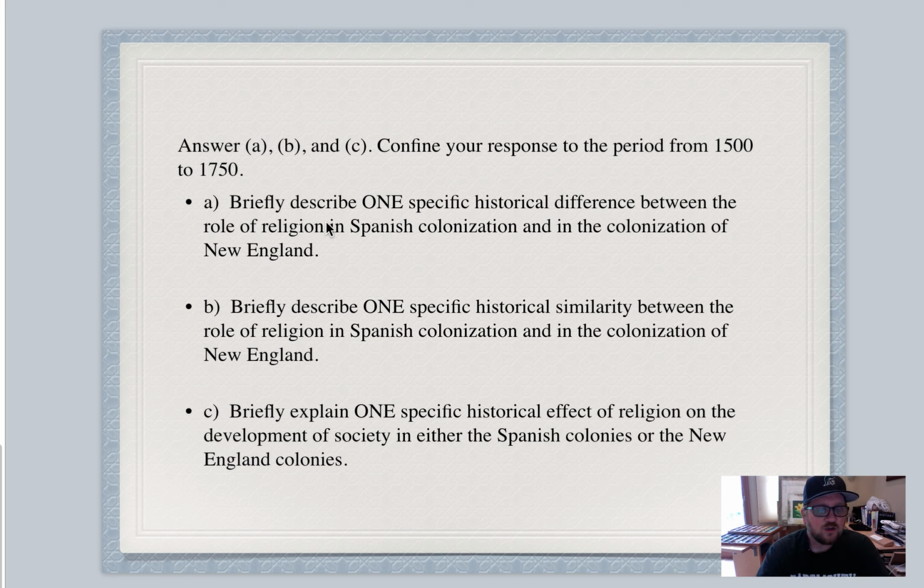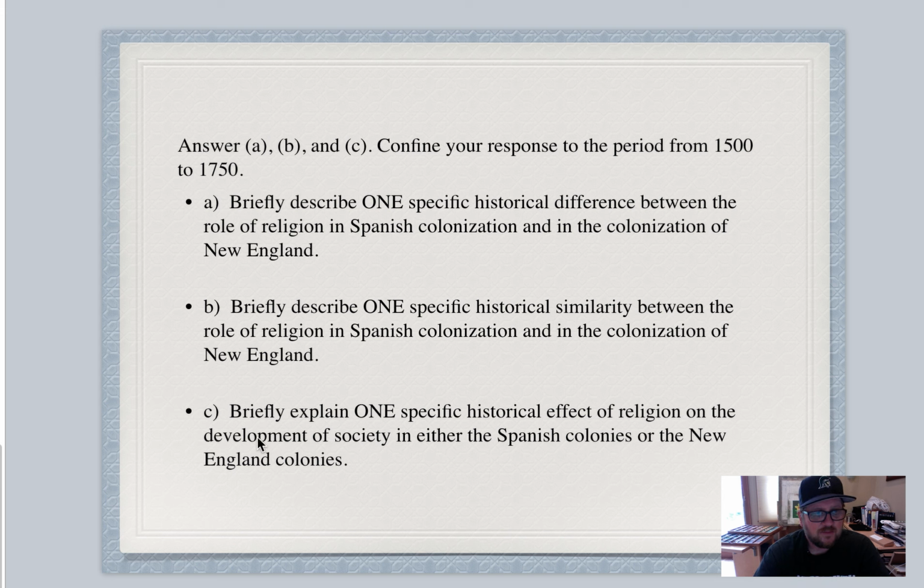Well, obviously, you could talk about Catholicism and the conversion of Native Americans to Catholicism, where New England didn't really try to convert natives to Puritanism at all. There were praying towns, but for the most part, the English really let the natives practice the religion they wanted, if they wanted. B, briefly describe one specific historical similarity between the role of religion in Spanish colonization and the colonization of New England.